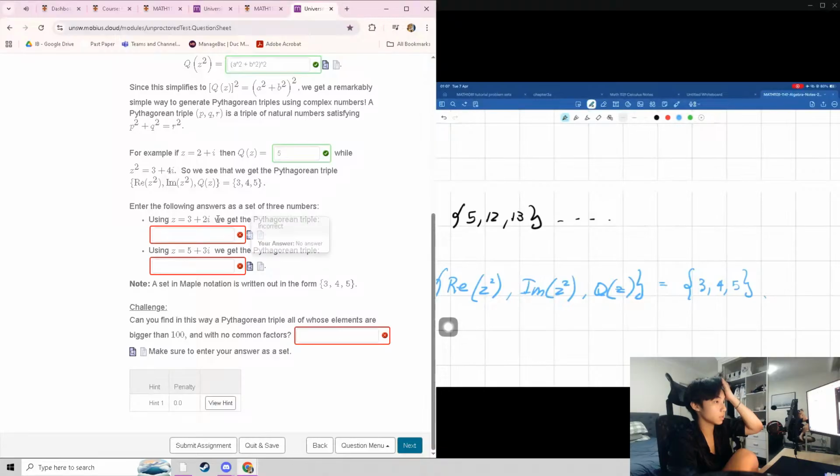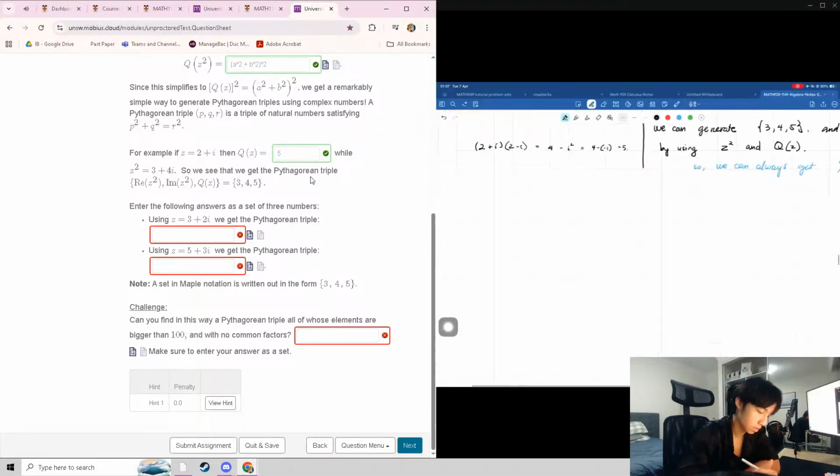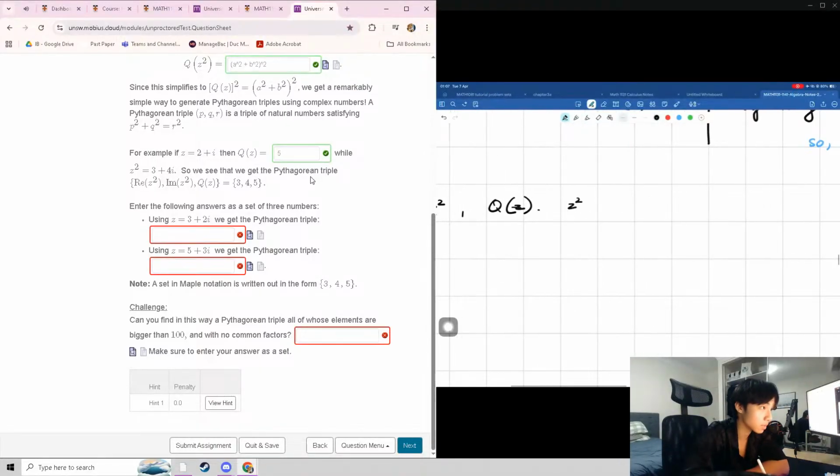Enter the following answers as a set of 3 numbers. So what they're just asking us to do is, what's z squared and what's the quadrants of z? Okay, let's just do quadrants first.